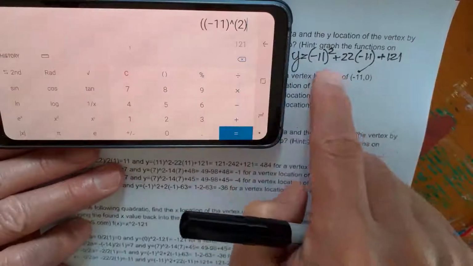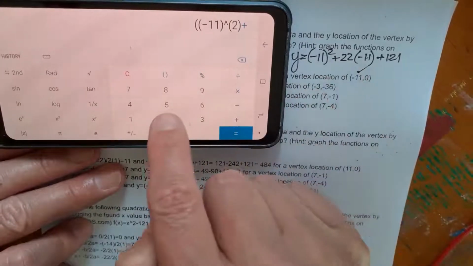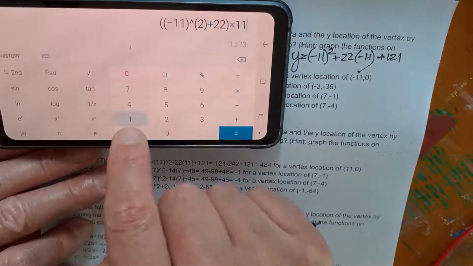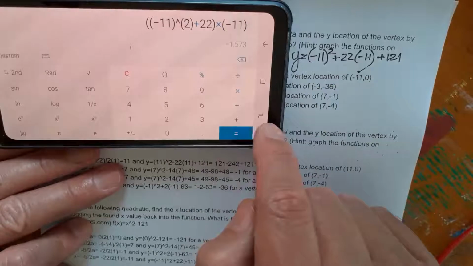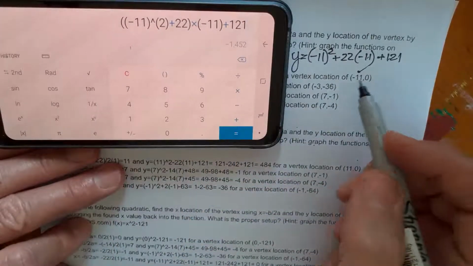So it's negative 11 squared plus 22 times negative 11. There we go. Plus 121. Don't like that one bit.